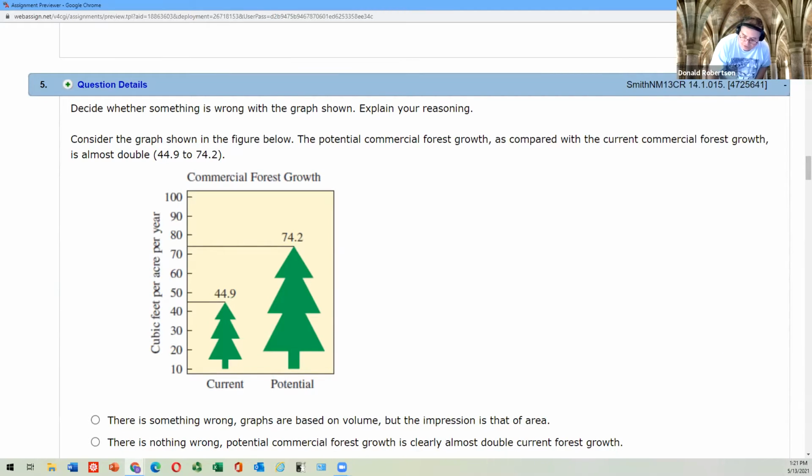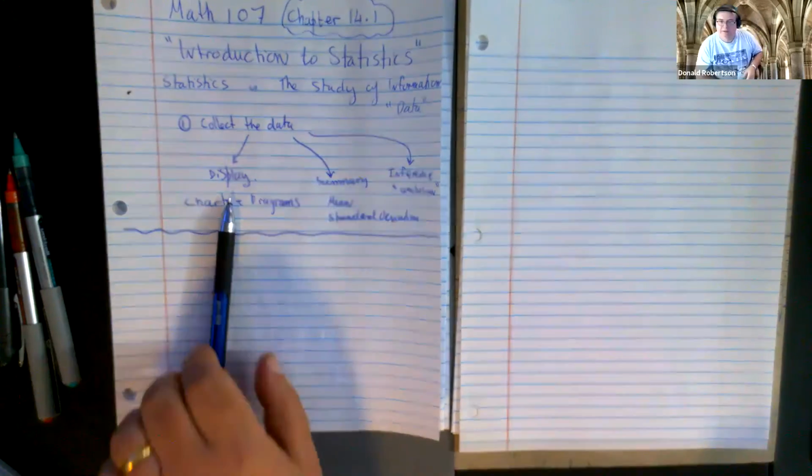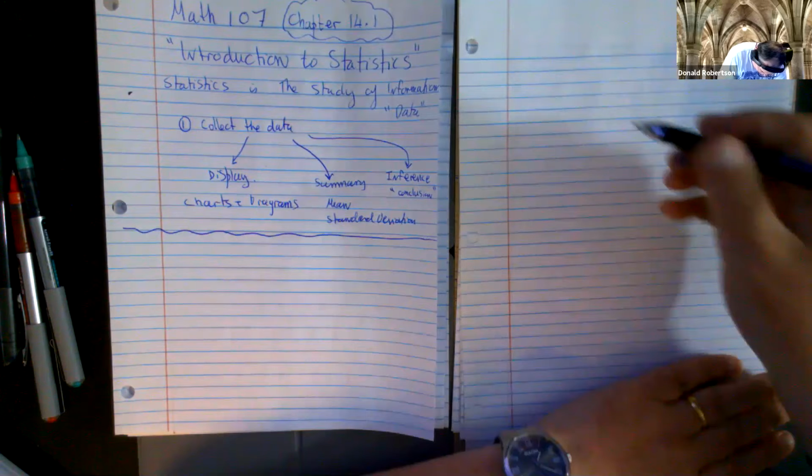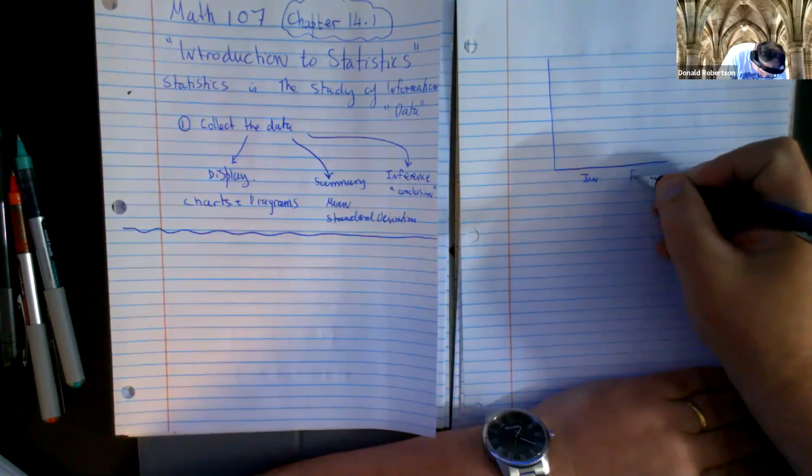Watch, I'm going to show you a deliberate way to make you think something's more extreme than it is. Here is the real data. So this is, I don't know, January, and this is February.